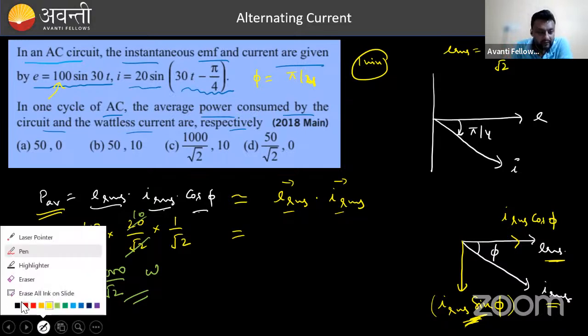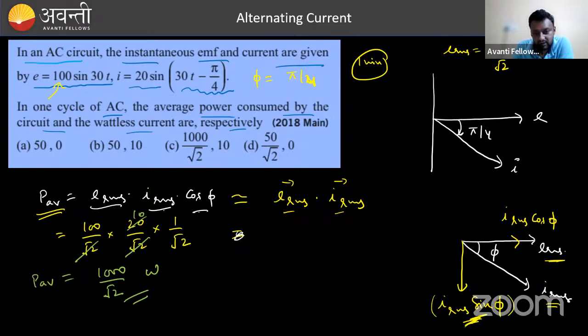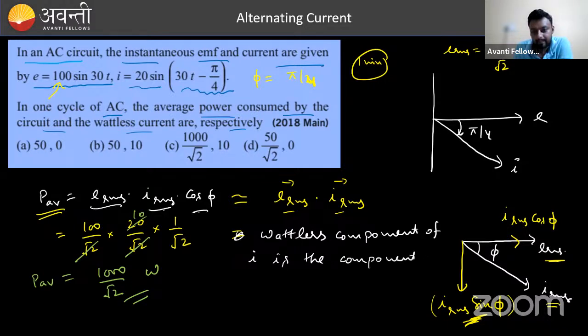So what you can remember after this much of conclusion or discussion: wattless component of current is the component of current which is perpendicular to the EMF.